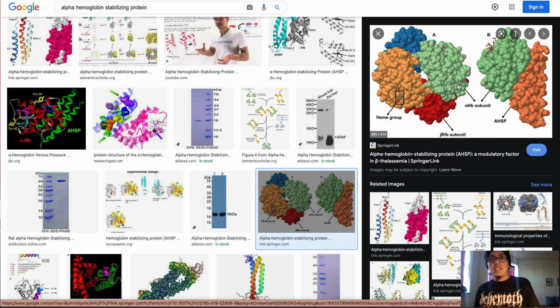The thing with the alpha subunits is that when they clump together, they form aggregate material that's not soluble in blood plasma, and that's the reason why it's a problem. You can imagine things not being soluble in your blood lead to things like clotting situations or even other diseases of your blood.